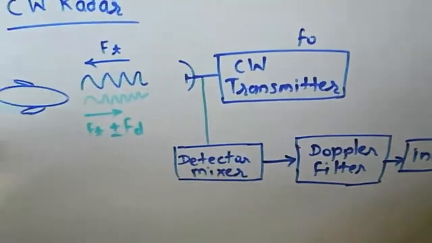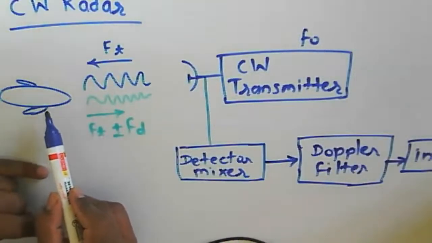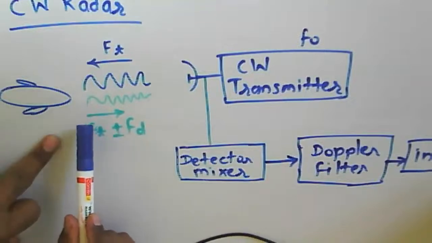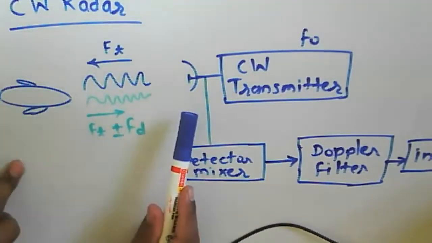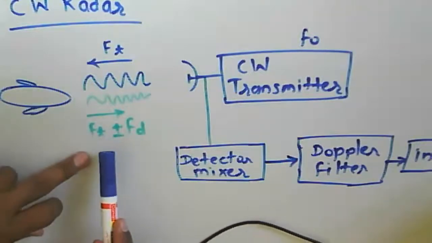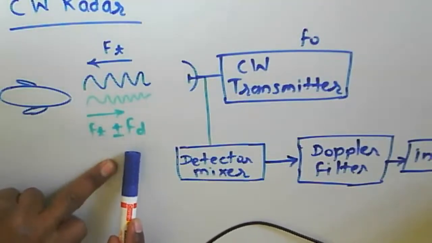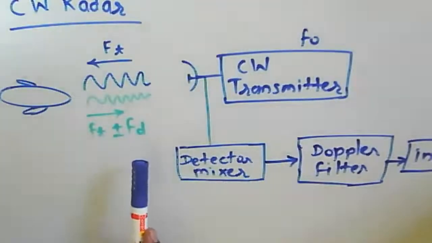Now we transmit the signal towards the object or target. When that signal reaches the target, according to the motion of this particular object toward the radar or away from the radar, there will be a change in the frequency, that will be ft plus or minus fd. If it is nearer, then there will be a plus sign.